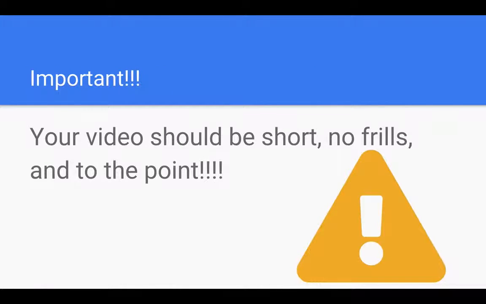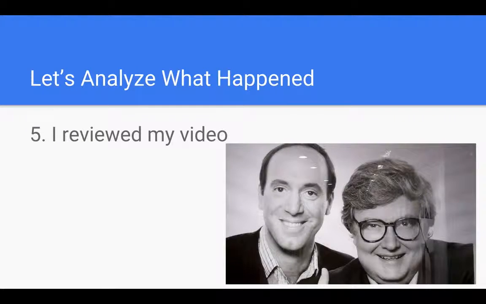And again, I reiterate the point, it should be short, to the point, with no frills. No titles, no fancy stuff. If I screw up, I stop and I re-record. I watch my video to make sure that it makes sense. If it doesn't, then I re-record it, and because it's short, it doesn't take me long to do.